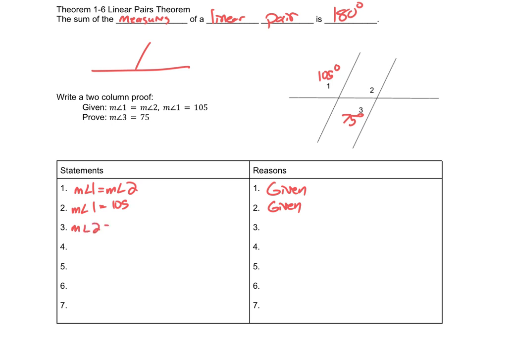Well, the measure of angle 2 has to be 105 also. This is the transitive property of equality. That's how I'm going to abbreviate property of equality. So because they equal each other, and this one's 105, angle 2 has to be 105 also.